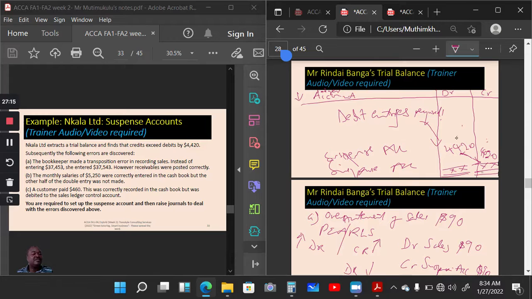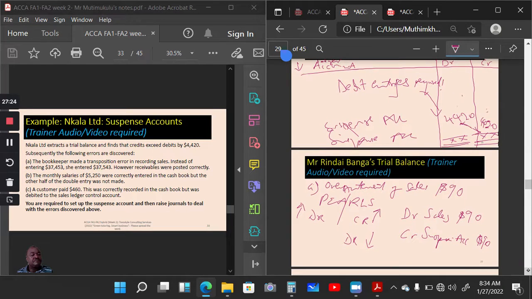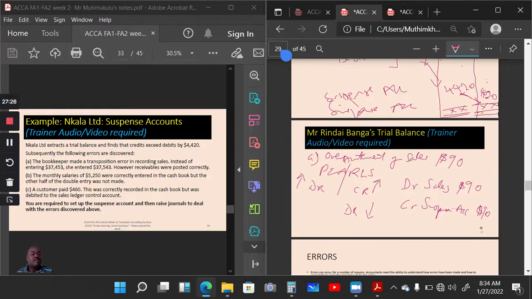If we debit sales with 90, then we are home and dry, because there was an overstatement of sales. Okay, that's one of the entries required.